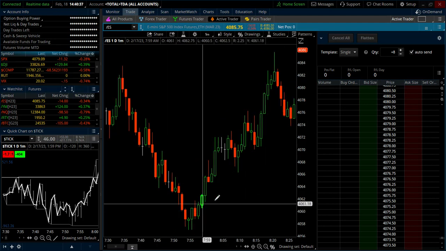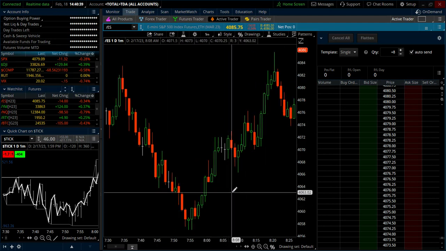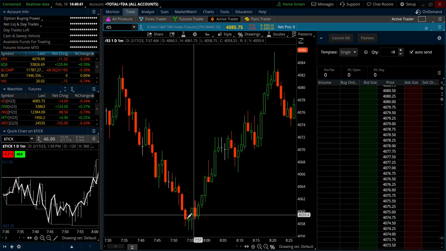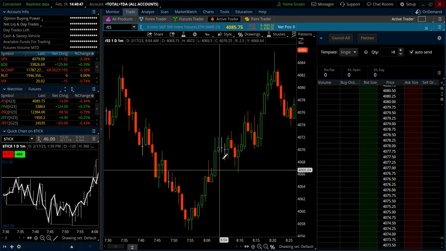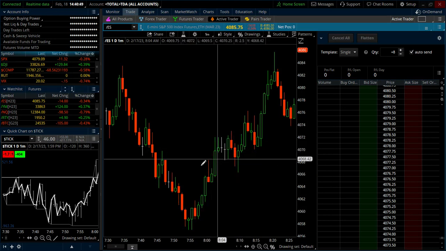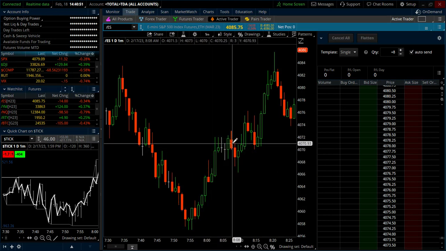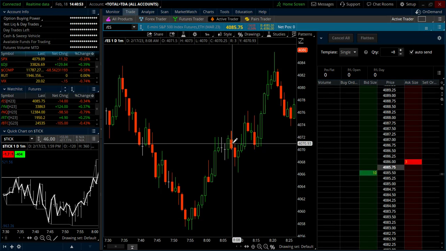And then in some situations, even down here, that would be 4059.25, and if you're just trailing all the way up, you would end up with this bar here at 8:08, and it's 4070. So 4069 and 3/4 would be the exit point.